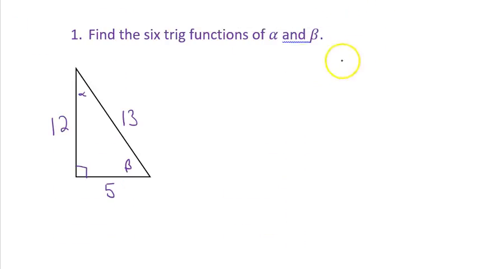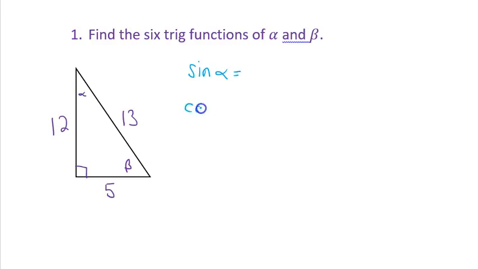Okay, so for our first example, we have: find the 6 trig functions of alpha and beta. So I have a right triangle here. My acute angles are alpha and beta. My sides are all labeled 5, 12, and 13. So I'm going to answer what the 6 trig functions are for alpha, and then I'm going to ask you to pause and try beta for yourself. So let's get started. The first thing I do is write down in order what I'm finding.